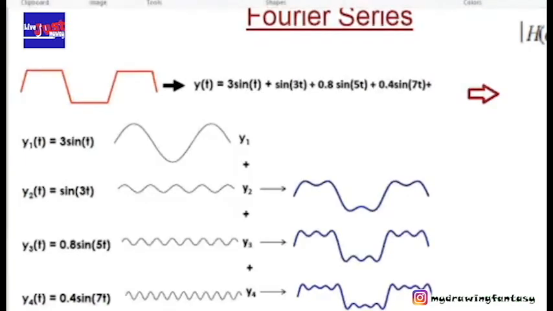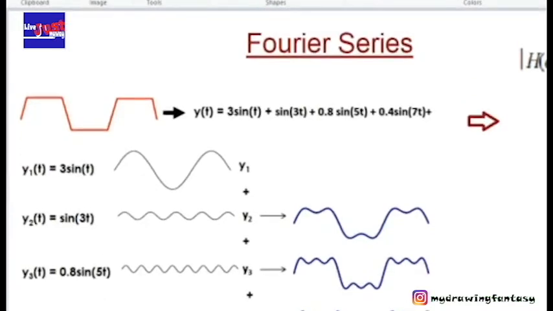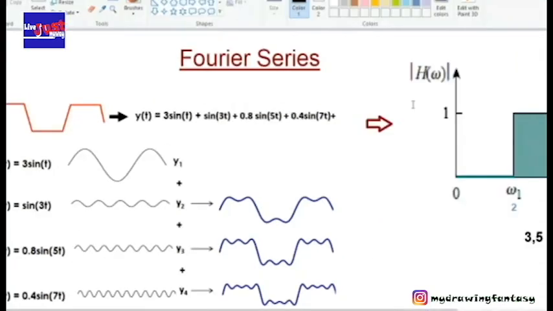So now the question is, how to decompose a complex signal into fundamental sine waves, where the Fourier series helps.